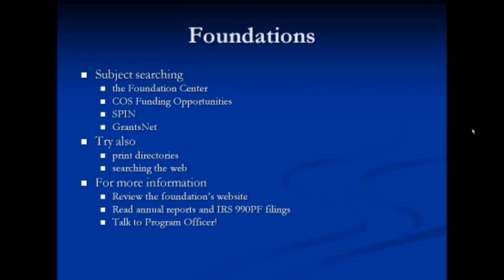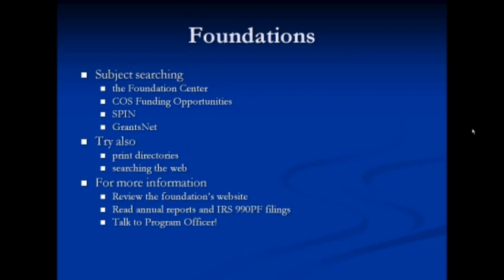Once the funding opportunity has been located, in order to zero in and find out more information about what that opportunity requires and entails, it is best to review the website of the foundation that's sponsoring that grant. Another very valuable resource would be to read annual reports and IRS 990 filings from that particular foundation to see what they've actually funded, at what levels, and what size their grants are.